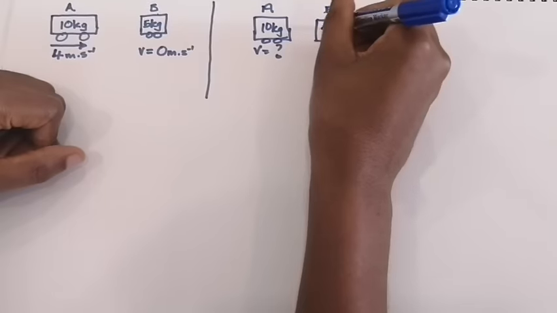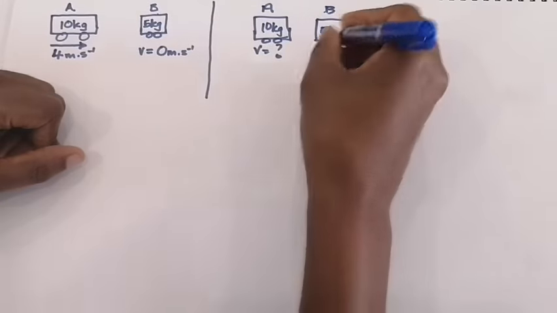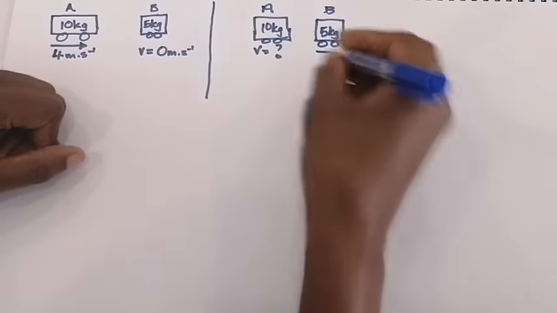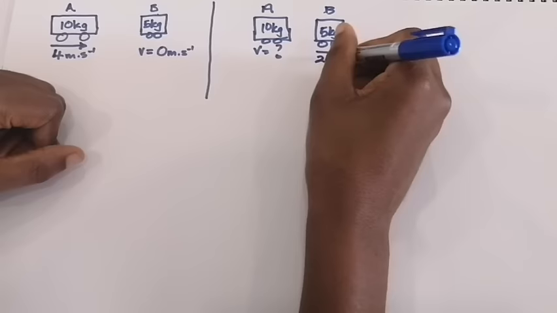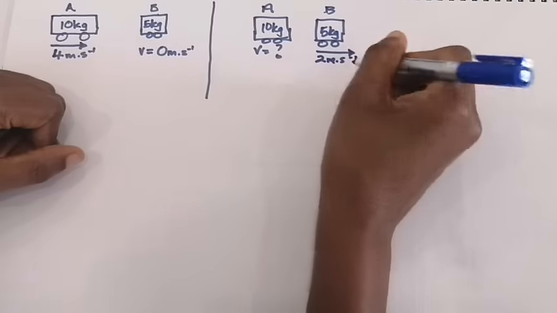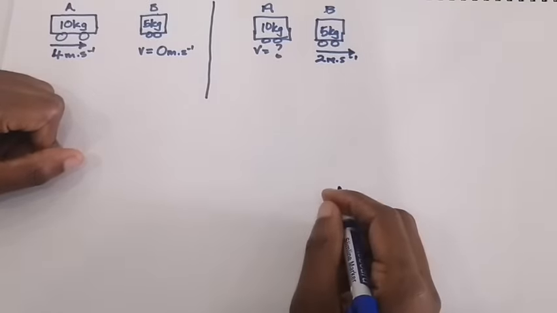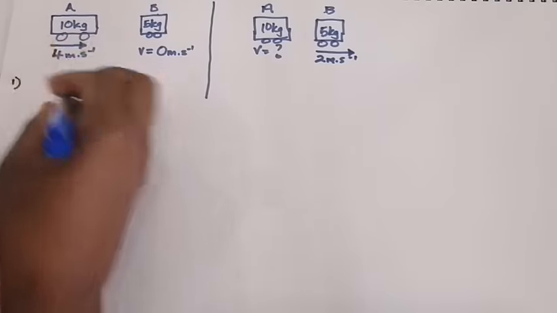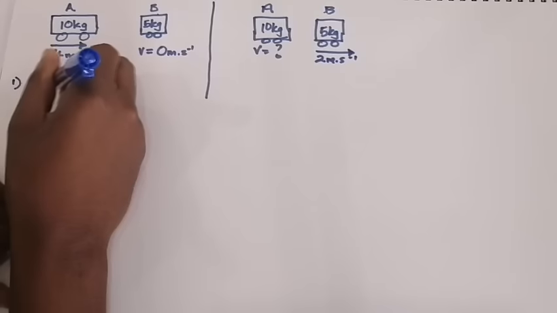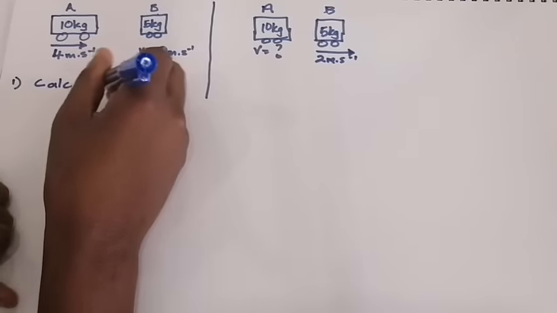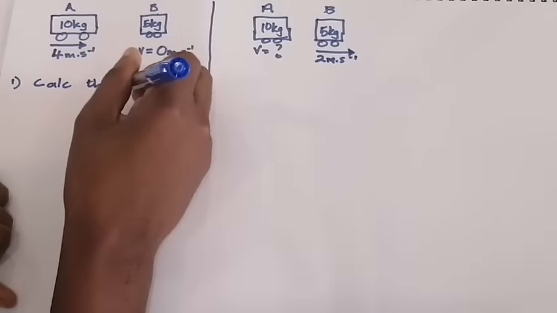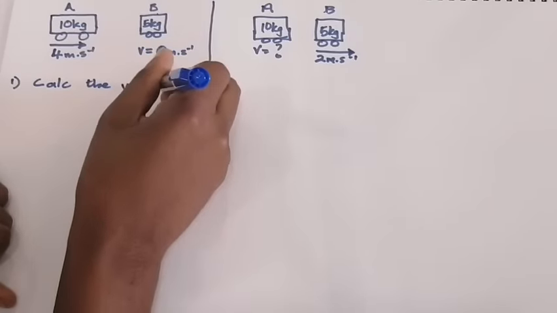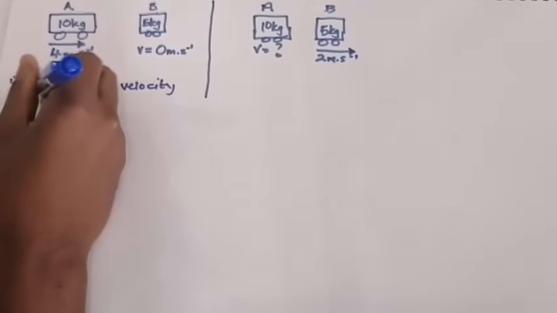Suppose after they collide, B moves at a speed of 2 meters per second in the same direction as A. So what I want us to do first is calculate the velocity of A after collision.